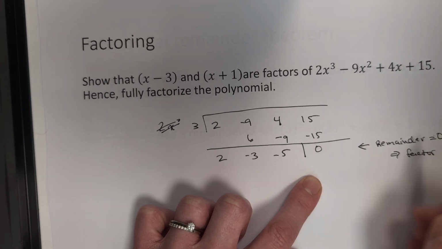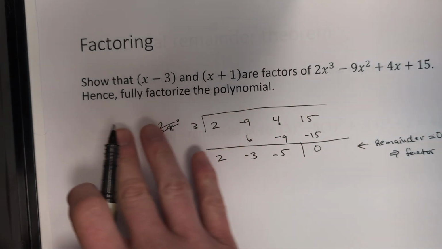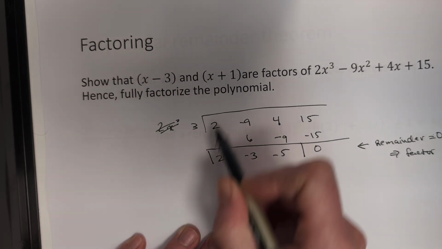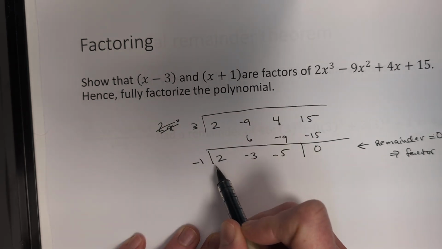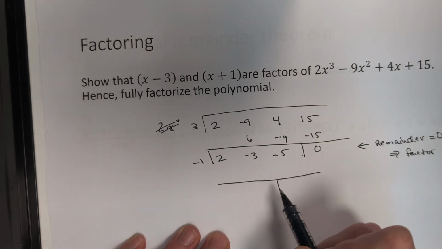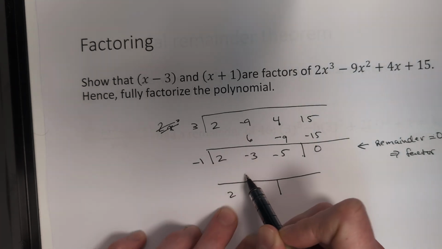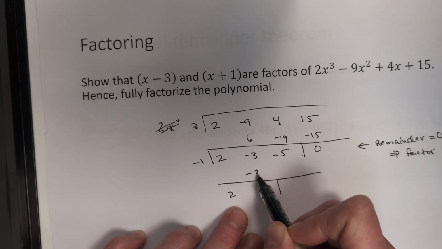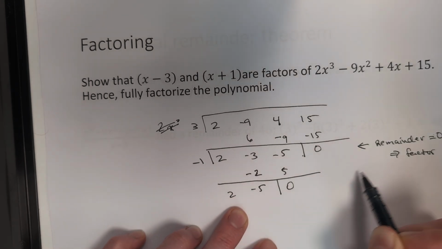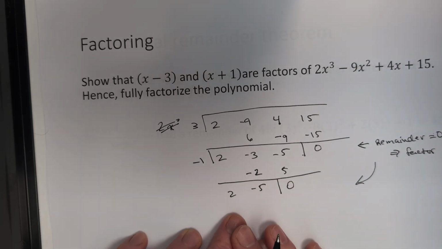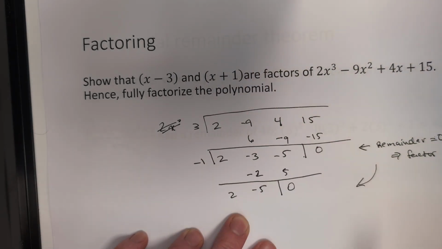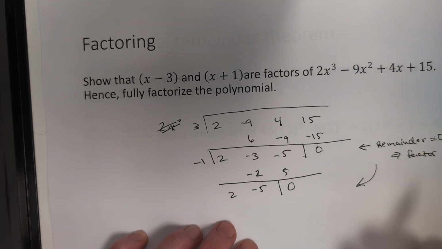And we can keep going on that. Fully factorize it, but now I want to see what happens if I put this factor in. That's no longer involved. We can do that here. 2 times negative 1, negative 2. Sometimes I get going too fast. Same thing there. Okay, so it's also a factor. If it's a factor of the quotient, then it's also a factor of the original polynomial.